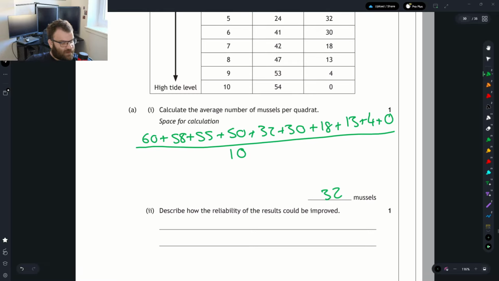For number 13, photosynthesis. Describe the relationship between carbon dioxide concentration and mass of sugar. Okay, so we've got two sections.